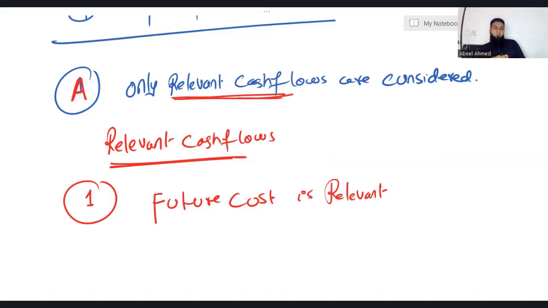So that initial investment is logically your future cash flow, and that's your future cost. Even the variable cost which you have seen, that's your future cost. Even the fixed cost which you have seen in the second example was your future cost. So simply, future cost is relevant. Future cost means the cost which is yet to be incurred.